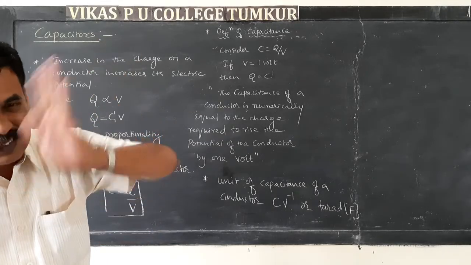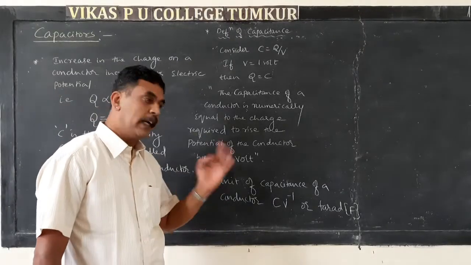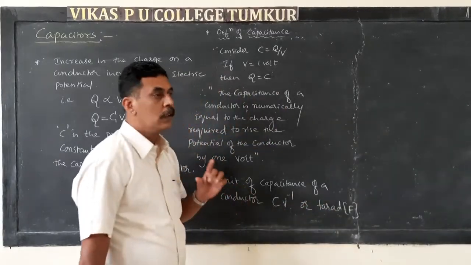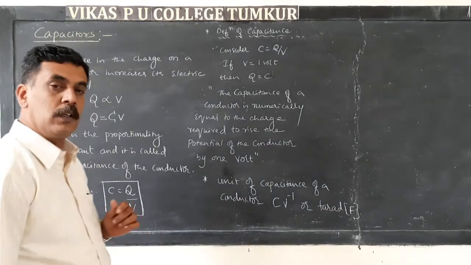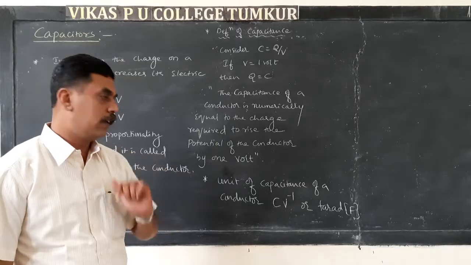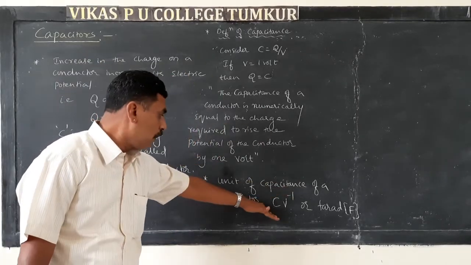It's for something else that will be taught to you in chemistry. So make sure that it is not Faraday, it is Farad. But farad is a very large unit, so they will use millifarad, microfarad, nanofarad as the unit. But the SI unit is farad or coulomb per volt.